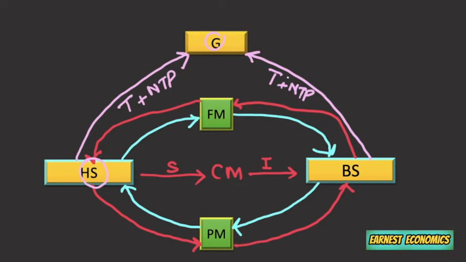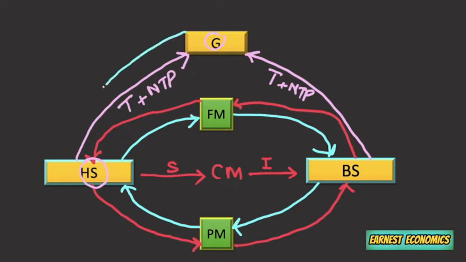So this flow of money from the business sector to the government sector is one critical relationship in this case.